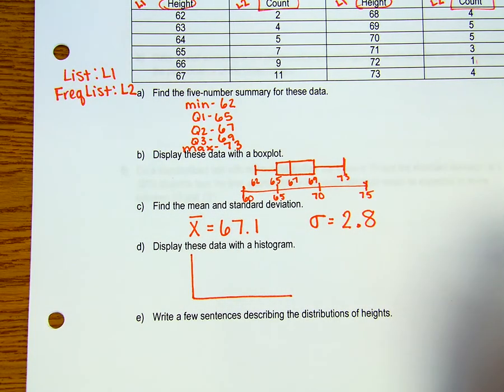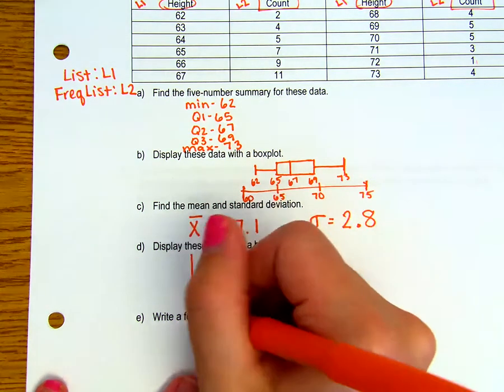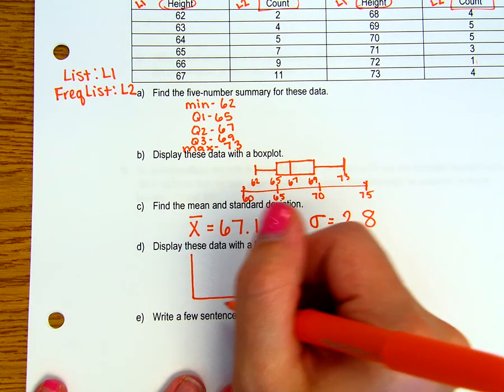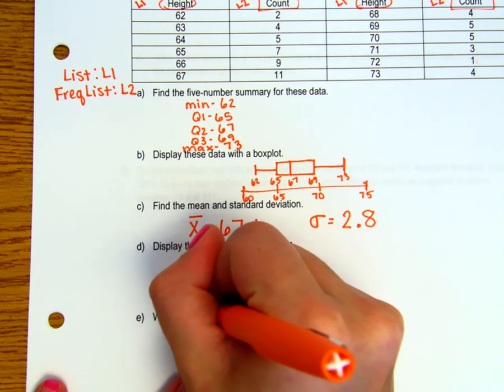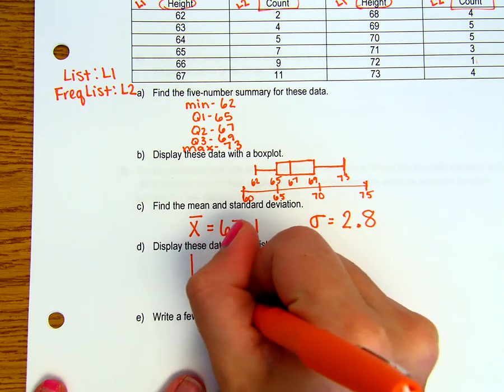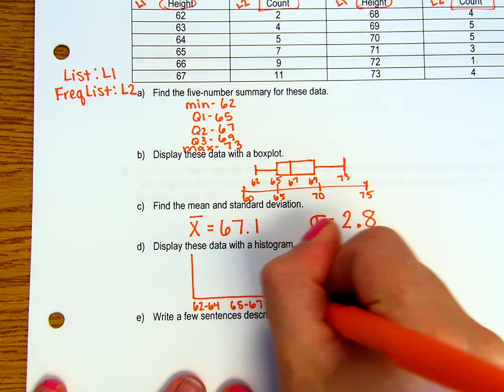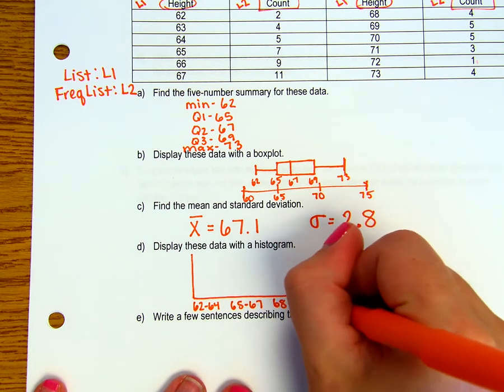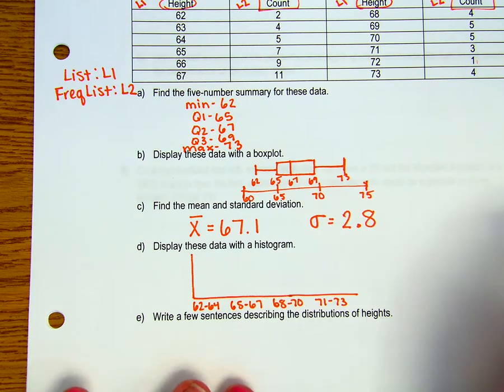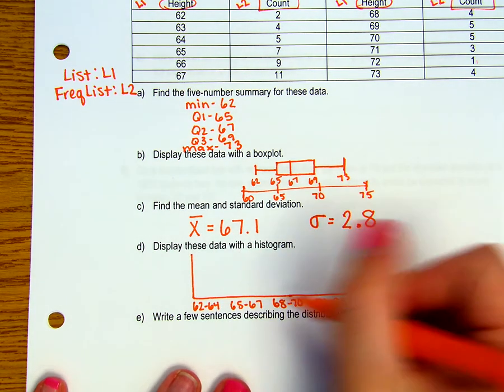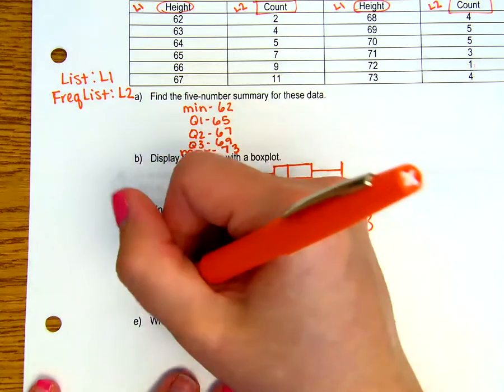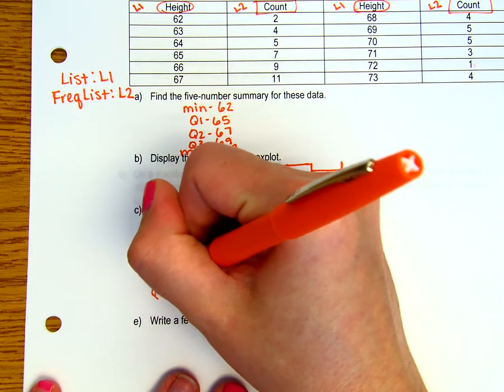Most times when we're seeing a frequency table or a frequency histogram, there's a range of numbers, so we can do 62 to 64, 65 to 67, 68 to 70, and 71 to 73. So this would be the range of the heights, and then we would put the frequency over here to the side.